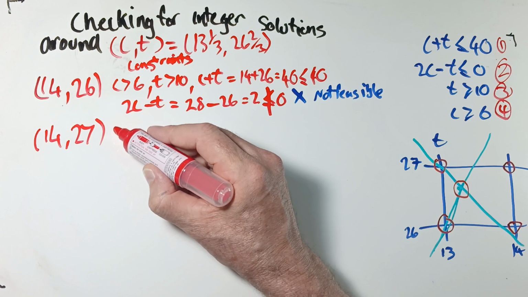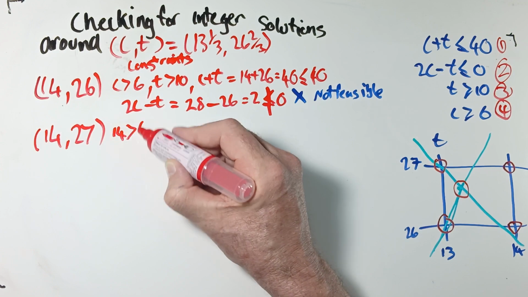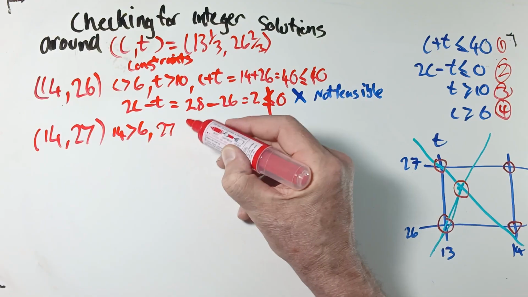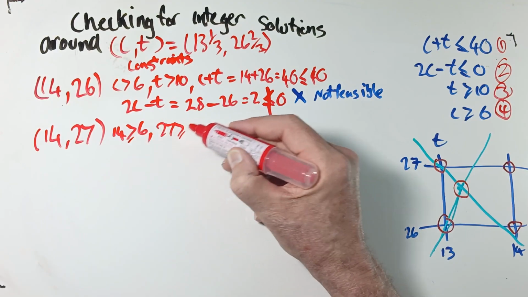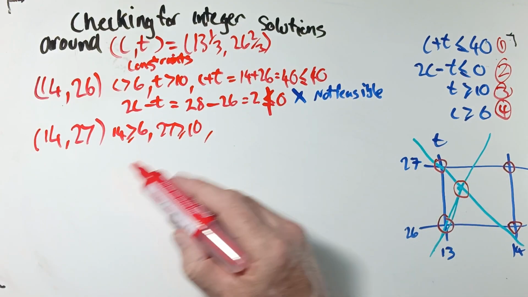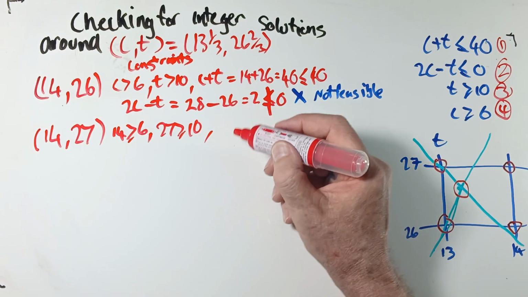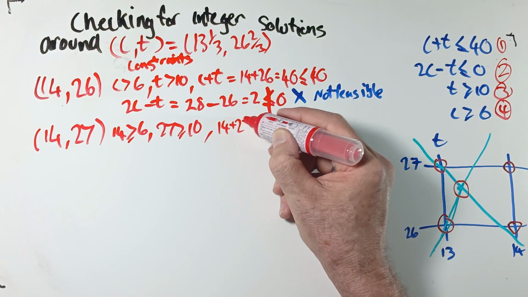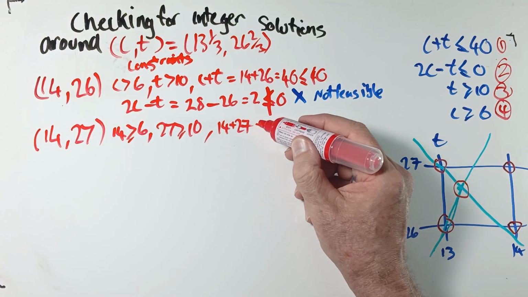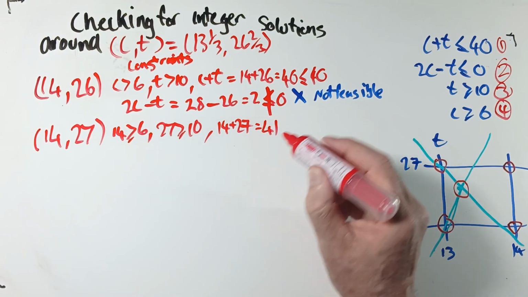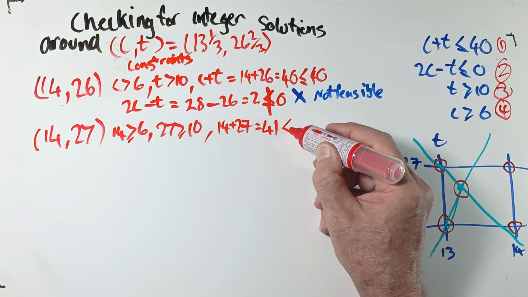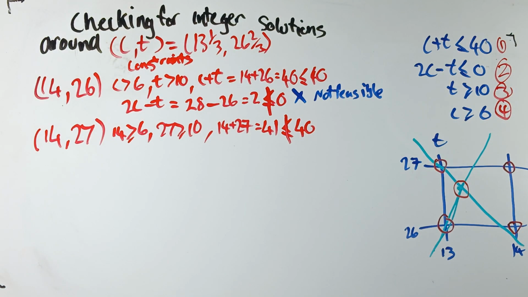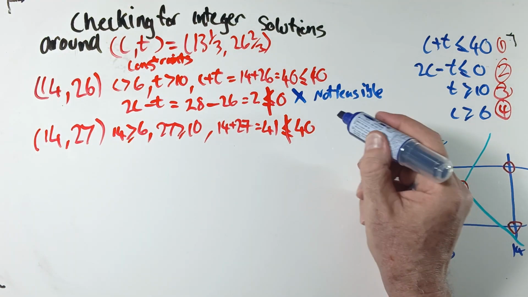So 14 is greater than 6, 27 is greater than or equal to 10, but 14 plus 27 equals 41, which is not less than or equal to 40. So this one is infeasible.